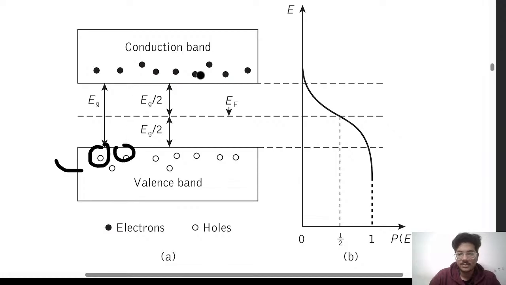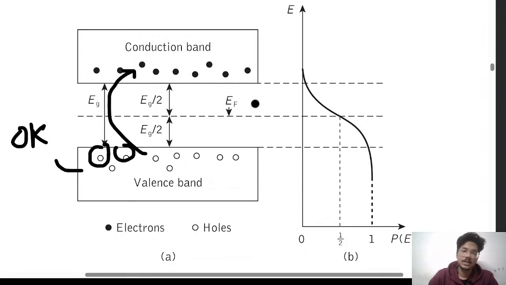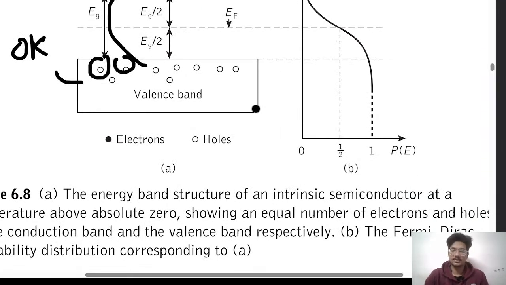But at a temperature above 0 Kelvin, some electrons gain thermal energy and jump from the valence band to the conduction band, and this leaves a hole in the valence band. This electron and hole pair is known as a carrier.